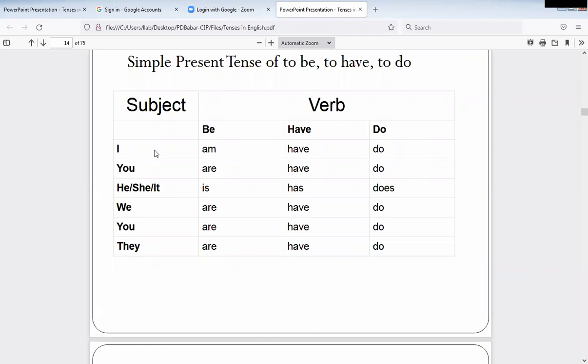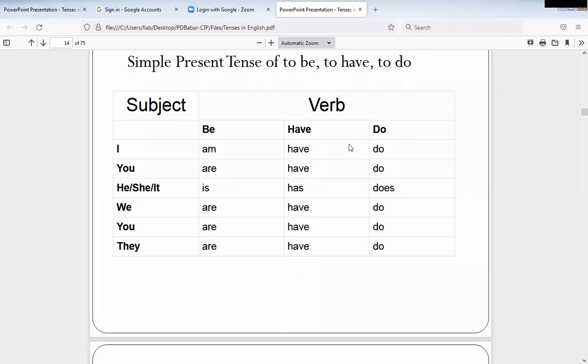So if the subject is I, the to be form that we have to use after I is am. The have form after I will be have, and the do form that we will use after I is do itself.